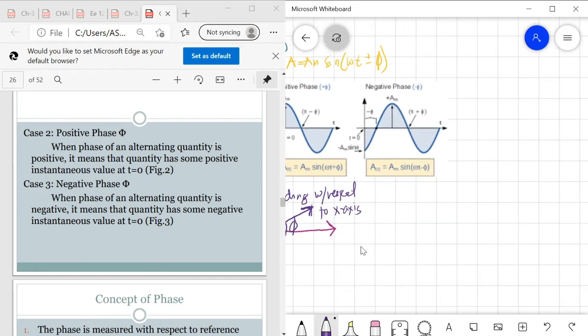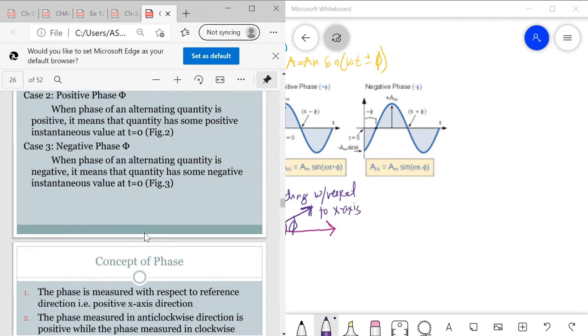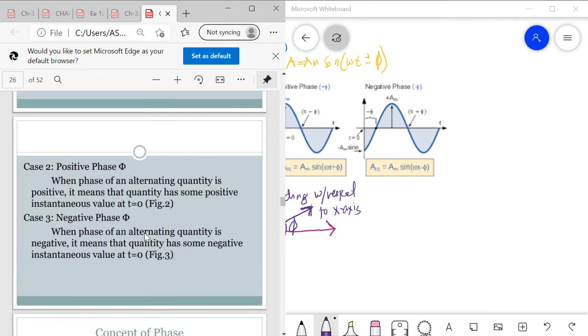For negative phase sequence naman is when phase of an alternating quantity is negative, it means that quantity has some negative instantaneous value at t is equal to 0. So may negative value naman dito at t is equal to 0. So A is equal to Am, Am here is maximum, sine omega t minus phi. So minus naman for negative sequence.